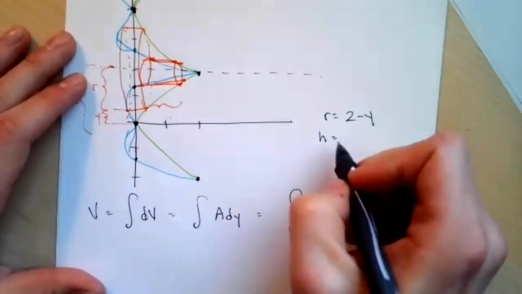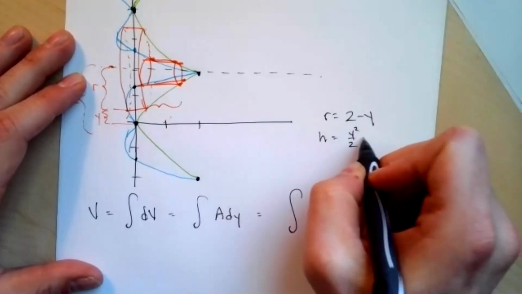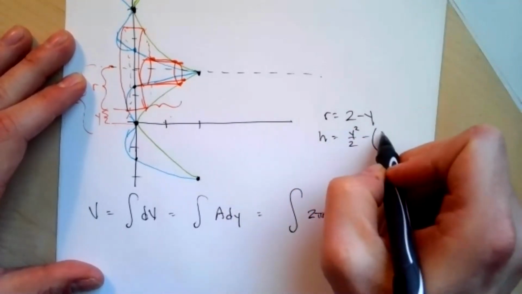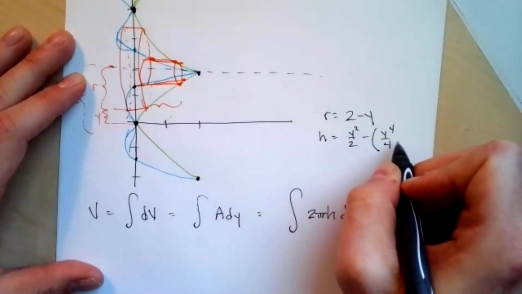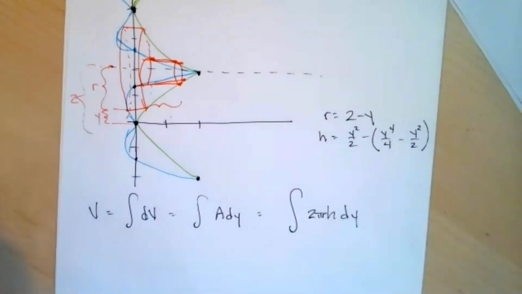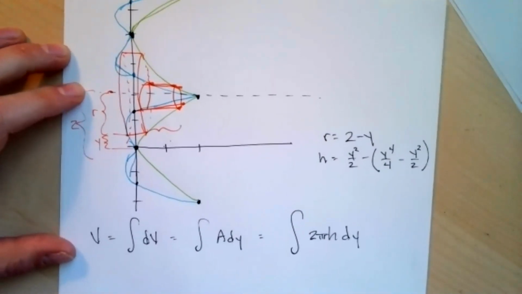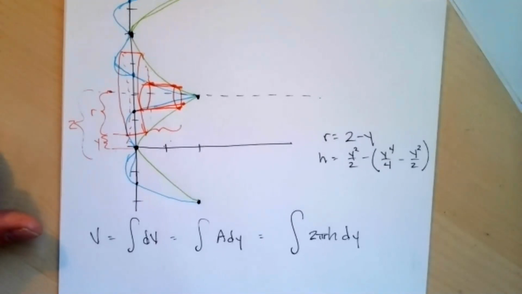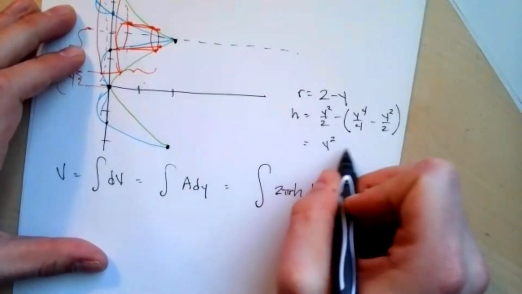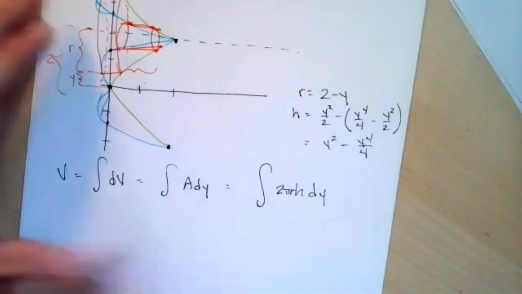And so we can write this one as y squared over 2 minus y to the 4th over 4 minus y squared over 2. So simplify that. Plug those two in for r and h.